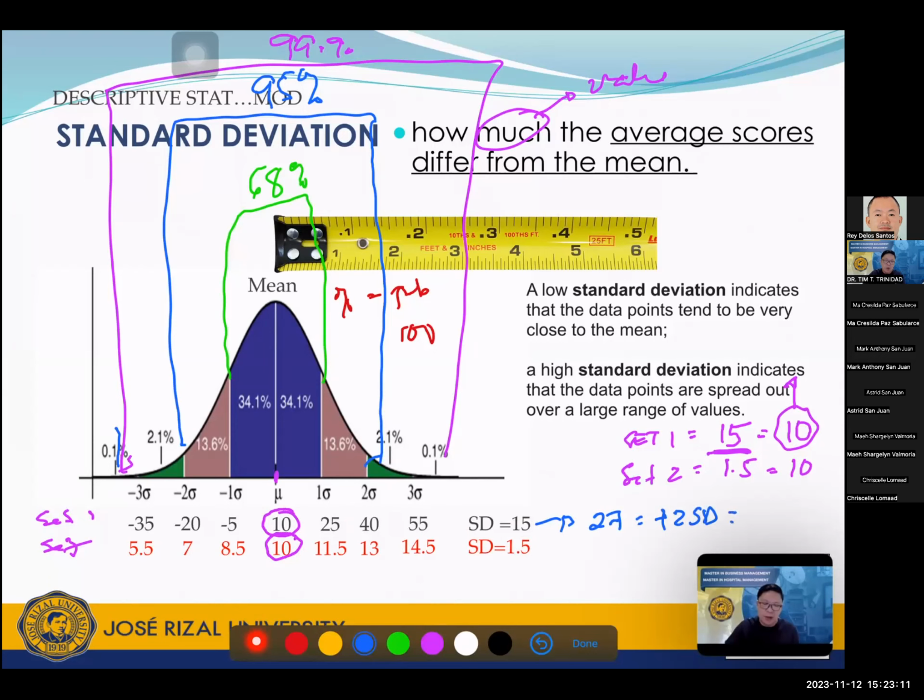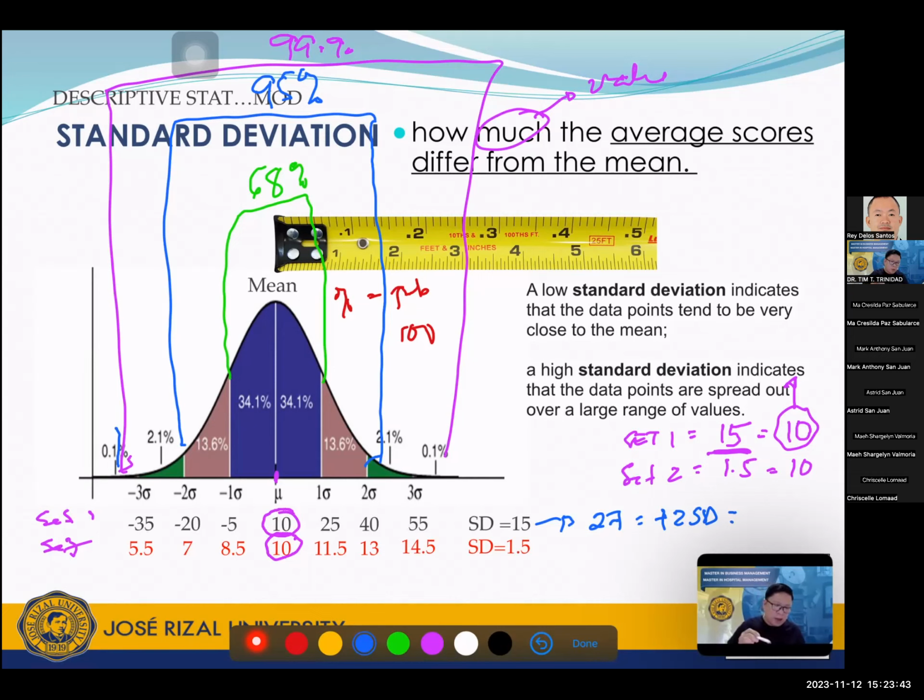If you get that exam and get the score of 27, what will be the possibility that you will be within 2 standard deviation? 95%. Yes. 95% will be the possibility that you will be included in the range of plus or minus 2 standard deviation.